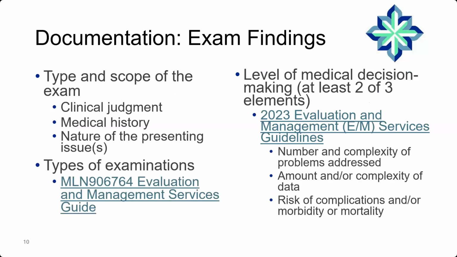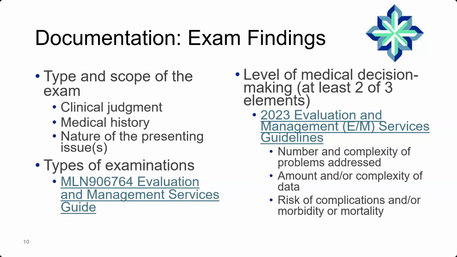The next general element of documentation is the exam finding. During a clinical encounter, an exam may be performed. This exam may be a comprehensive medical assessment conducted by a physician or another qualified non-physician practitioner. The findings from this exam are typically documented in the physical exam findings section of the History of Physical, or H&P.